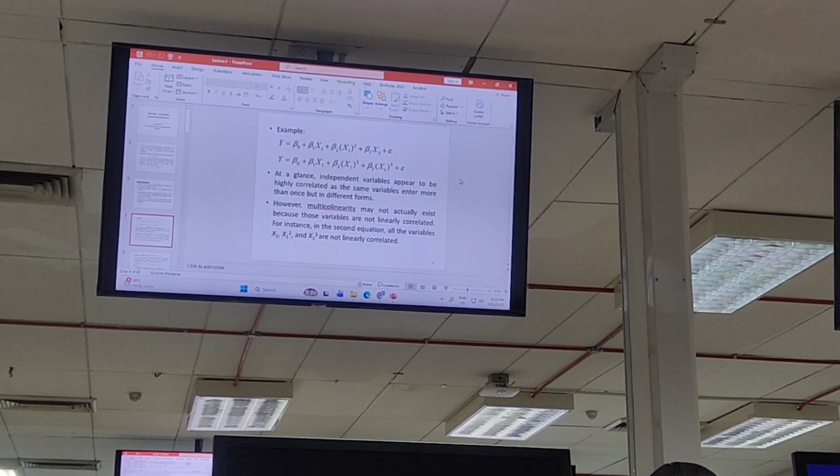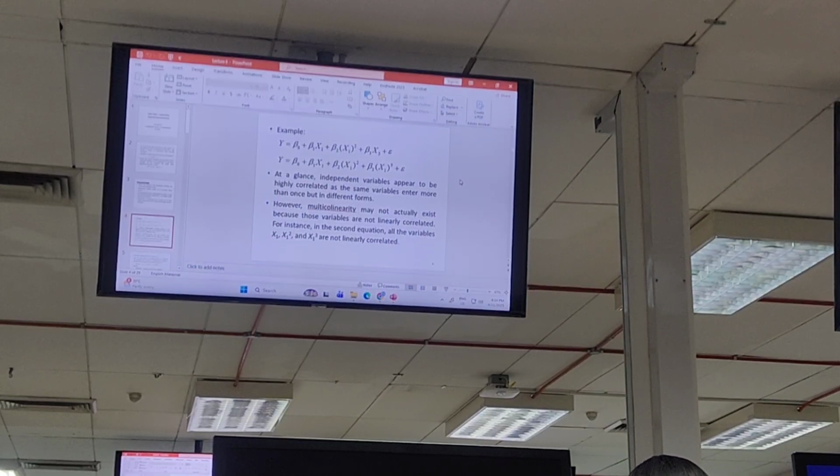At a glance, independent variables appear to be highly correlated as the same variables enter more than once but in different form. You recall what we discussed in the first lecture about linear dependence between independent variables. If you put x1 twice, then you have perfect collinearity, right?